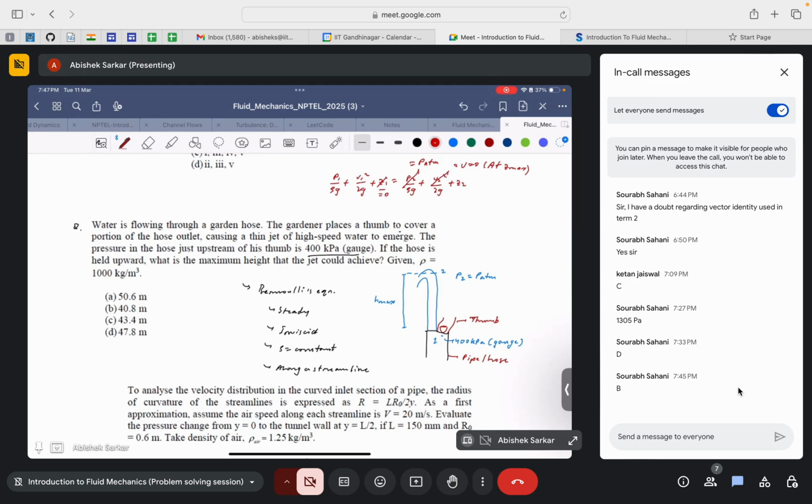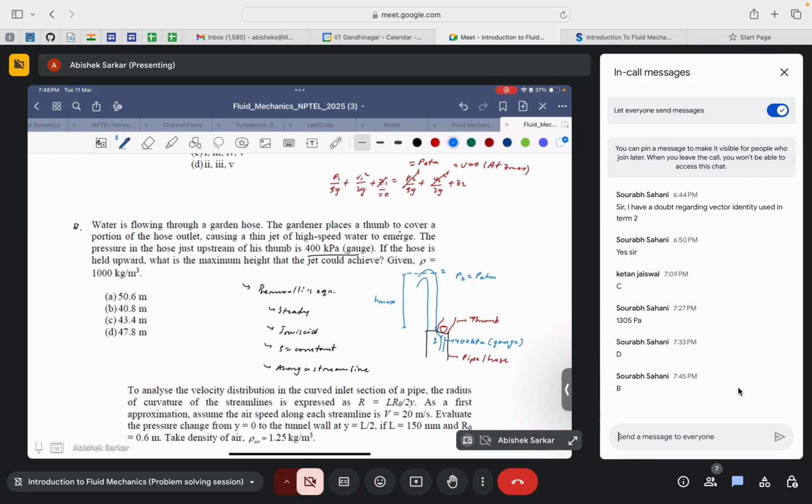But again, some students may ask how is it possible, because water is striking. Let me draw it. Water is striking his thumb right below it, and then going past his thumb to purge out of the pipe.